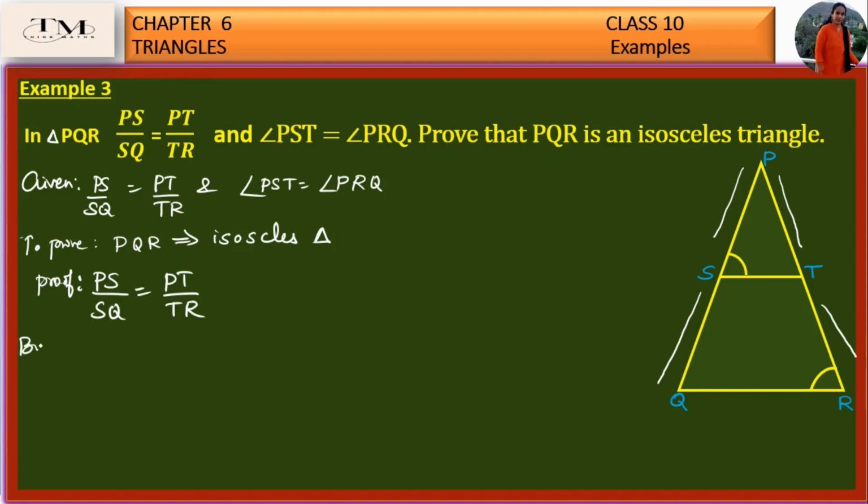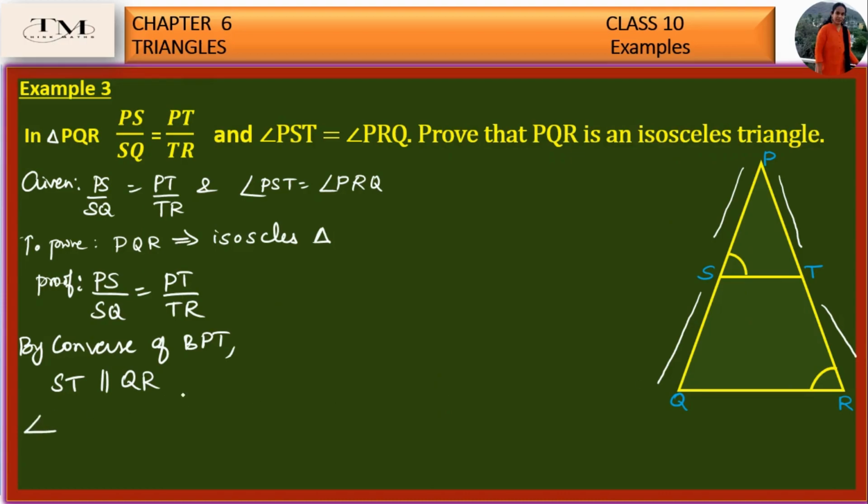So by converse of BPT, we have ST parallel to QR. So if ST and QR are parallel, their corresponding angles will be equal. So we have studied this in the previous classes. If two lines are parallel, then their corresponding angles will be equal.